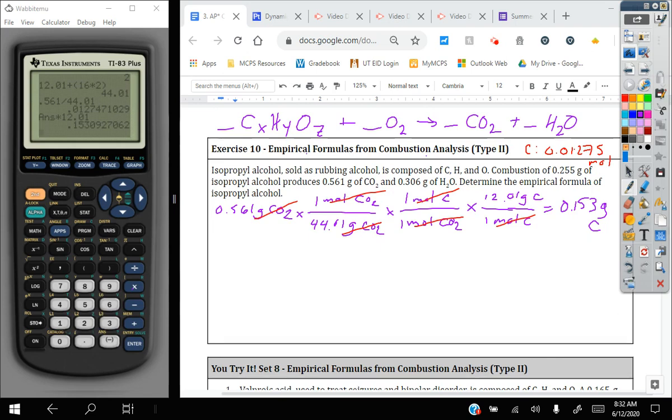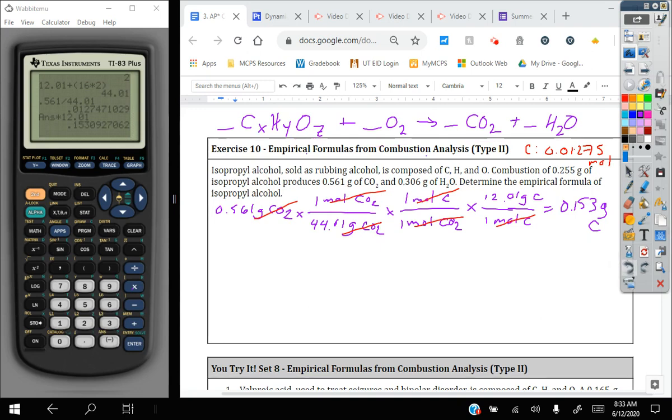If the only source of carbon and hydrogen comes from the isopropyl alcohol, then all of that carbon and hydrogen must be in the products of CO2 and H2O. So the mass of carbon that's present here must also be present here. Same idea goes with hydrogen. The mass of hydrogen present here must also be present here. What's tricky about oxygen is that oxygen's split up into 2 different locations on each side of the reaction. So I'll show you how we can find that in a minute.